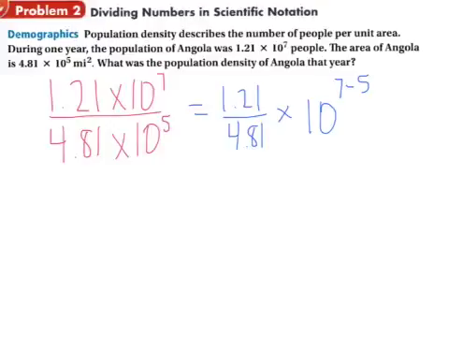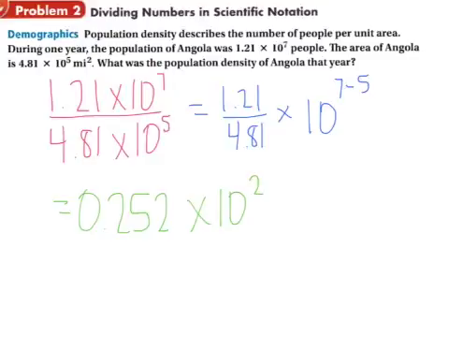Because the coefficients 1.21 and 4.81 don't have exponents, I'm going to divide those just as they were regular numbers. 1.21 divided by 4.81. Then 10 is the same base, so I'm going to subtract the exponents of 7 minus 5. 1.21 divided by 4.81 is about 0.252 times 10 squared.